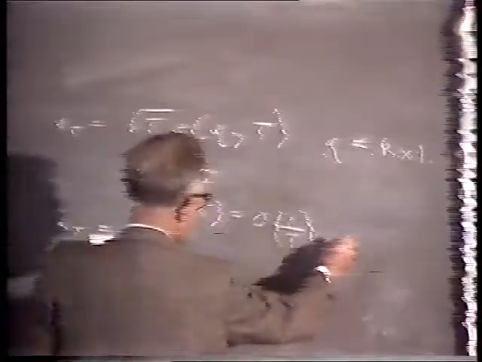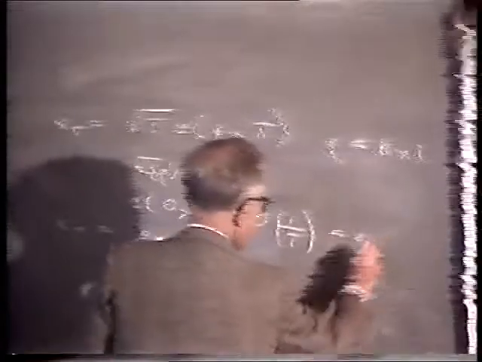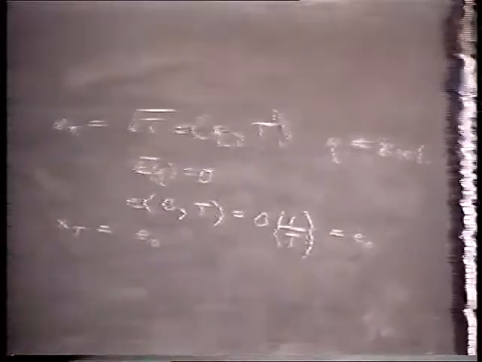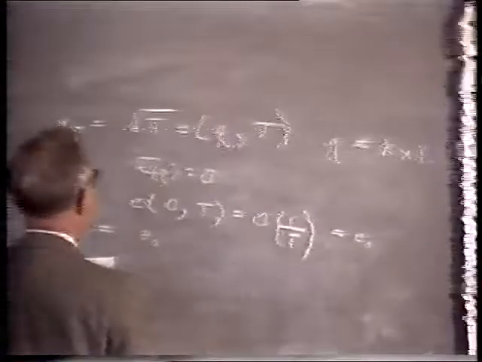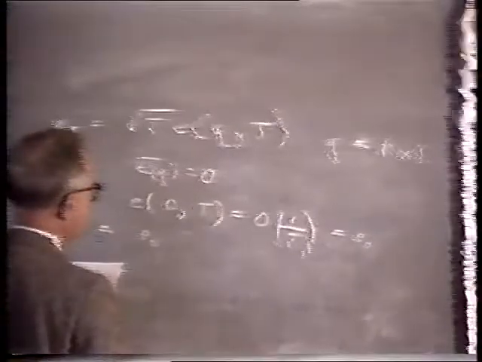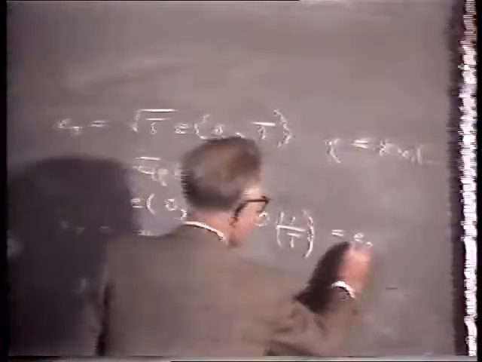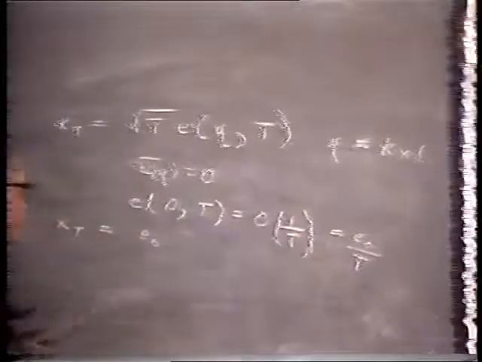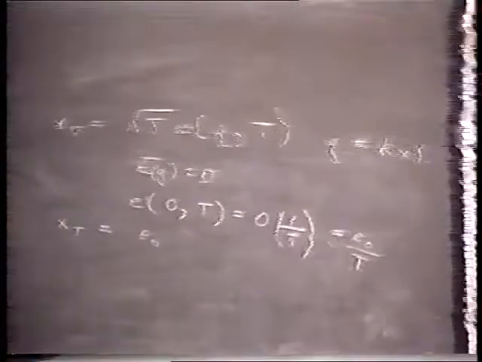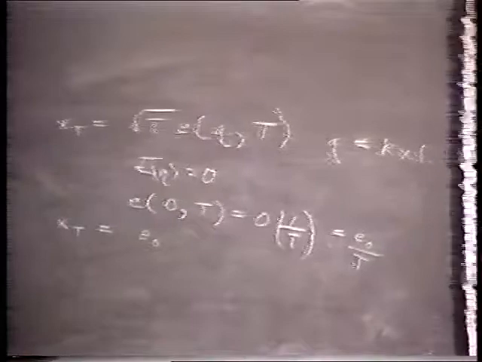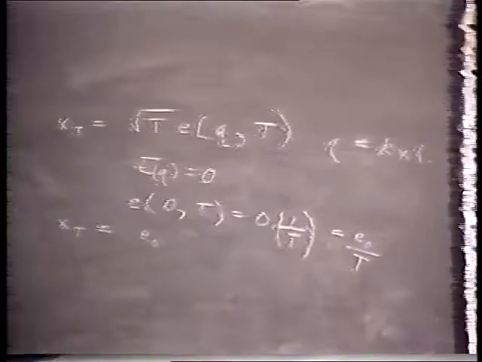Let me write this also E naught, rather convenient notation. So that E naught, in fact, is just bounded as t goes to infinity.